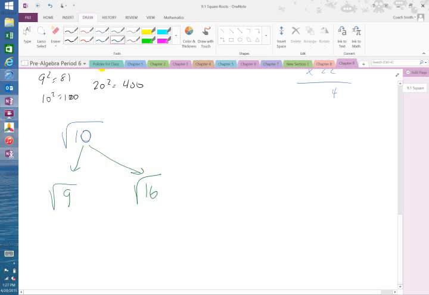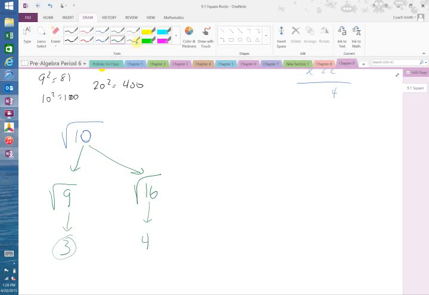That's what it falls between. The square root of 9 is 3. The square root of 16 is 4. Well, then we just look at, is 10 closer to 9 or is 10 closer to 16? It's closer to 9. So therefore, approximating to the nearest integer, 3 would be the approximate for the square root of 10.